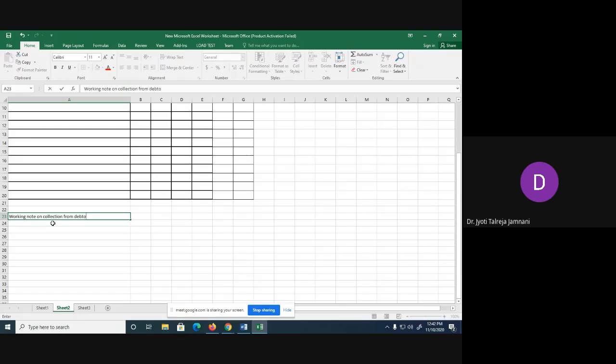For the working note, I have told you we will take all the months, not only the months for which the cash budget is asked, but the details which are given from November. So we will take all the months from November, December. So from November to June, I have taken all the months.